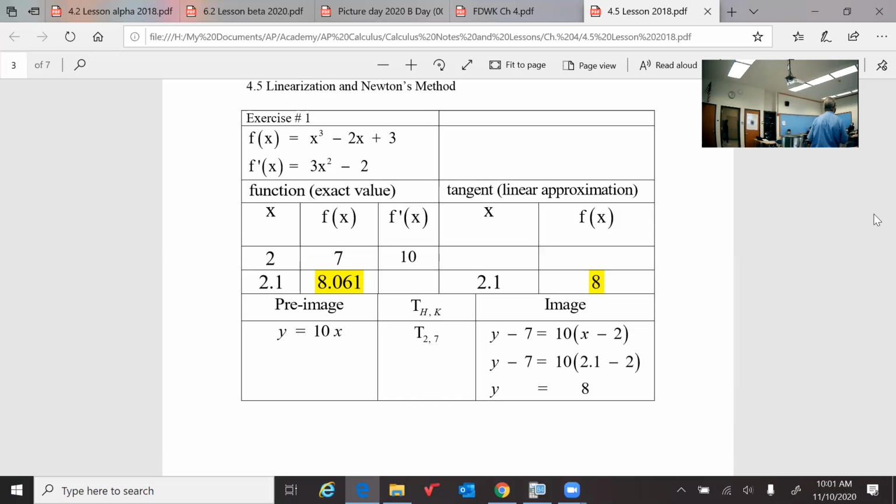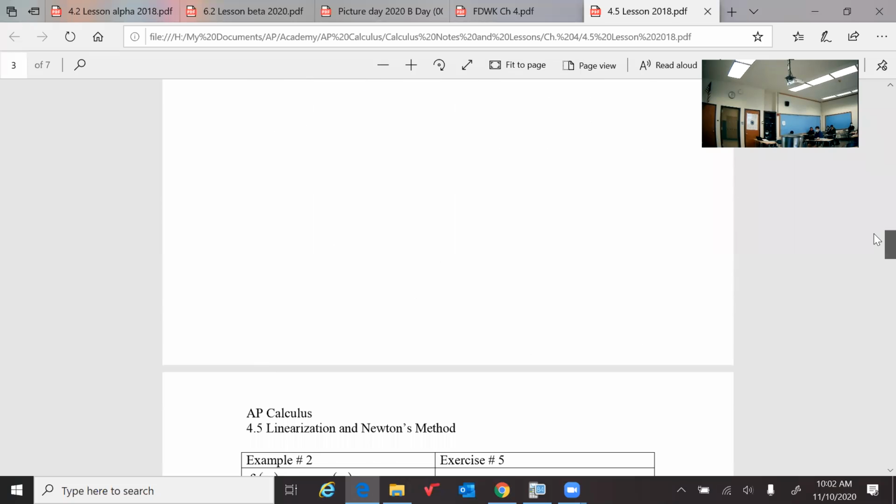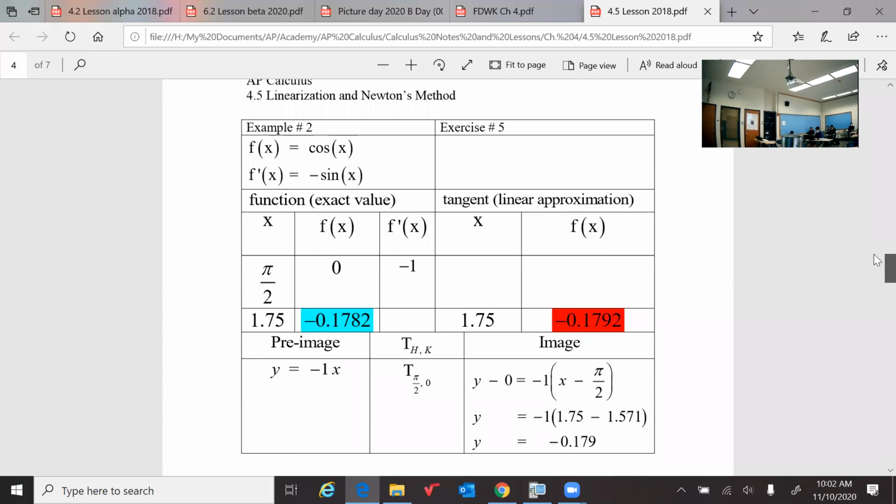Now keep this in mind. These are user-friendly questions. When you get to the word challenge problem, that's the point. You want to have some technique you can rely on to do this. Example 2. Example 2 is about the cosine.